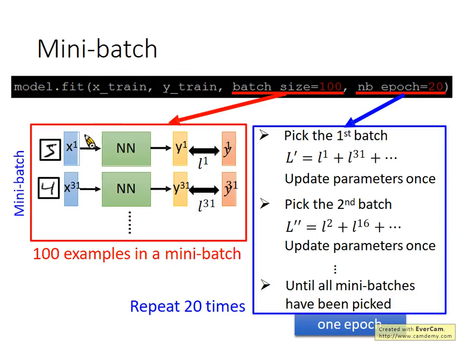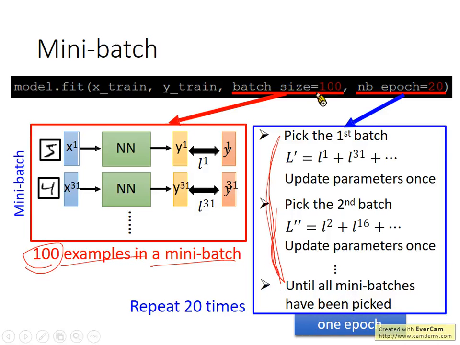So in this case, we may just take 100 examples in a mini batch, and then we may have many mini batches. We can update parameters according to each batch, and going through all of them is called one epoch.